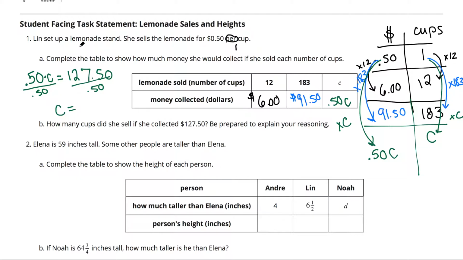So we're going to take 127 and 50 cents and divide it by 50 cents. And I can figure out that that means 127 and 50 cents divided by 50 cents means she sold 255 cups.